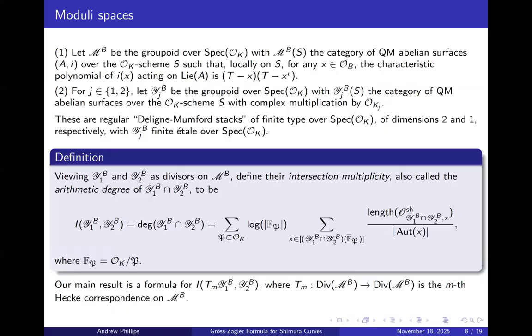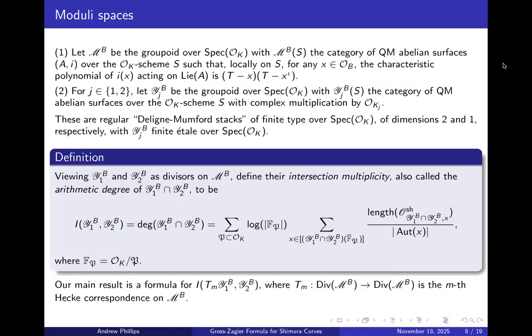Through their stack-theoretic images, we can view these as divisors on this surface MB, and we can then define their intersection multiplicity, also called the arithmetic degree, through this definition. It looks kind of odd, why we define things like this. There are bigger reasons why these things are defined this way, which are probably not important for what I have to talk about.